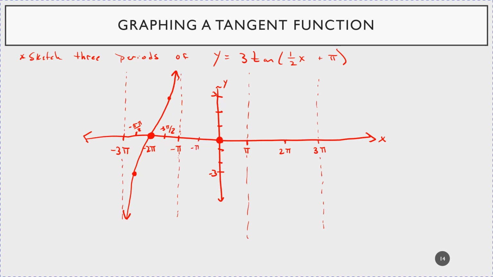This is going to be negative pi over 2, and this is going to be pi over 2, because those are the midpoints there. And then you can see how quickly it falls. Negative 3, 3. Like this. And then between pi and 2 pi is 3 pi over 2, and then 5 pi over 2. Once you figure out the pattern here, it just falls so quickly into place.